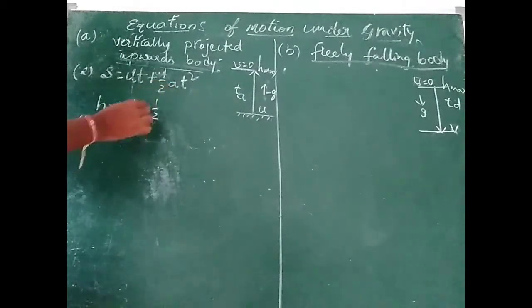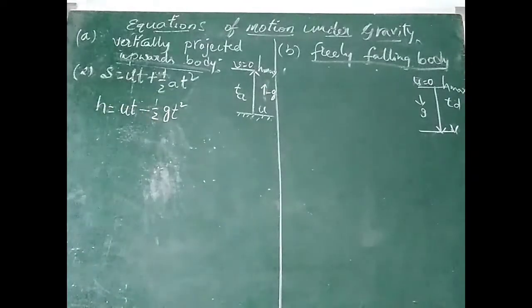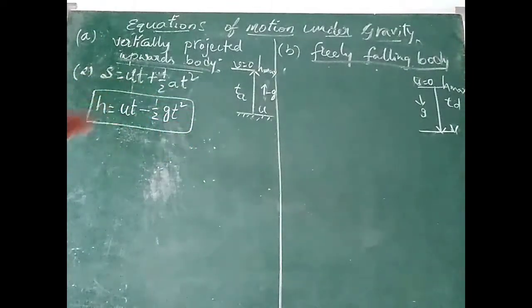Here minus is due to g. So h is equal to ut minus half gt square. It is the maximum height reached by the body when the case is for a vertically projected body.